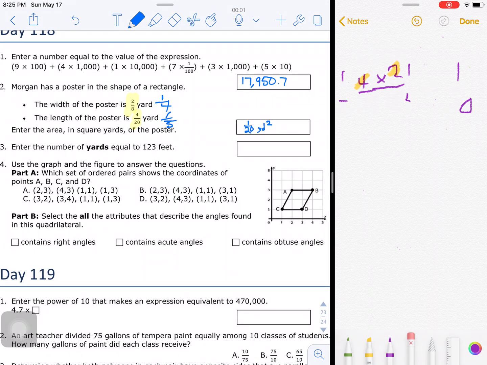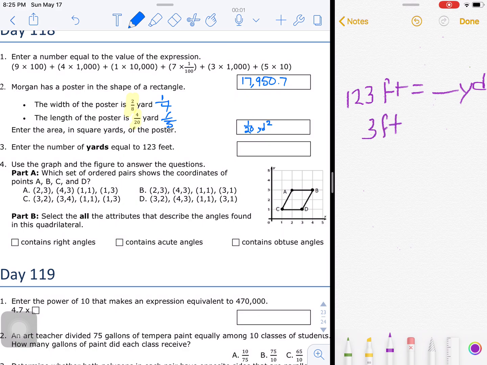Okay, problem number 3. Enter the number of yards equal to 123 feet. Okay, conversion problem. We write down what we have, or what we're given, 123 feet. And we're going to yards. So, I know that 3 feet is equal to 1 yard.